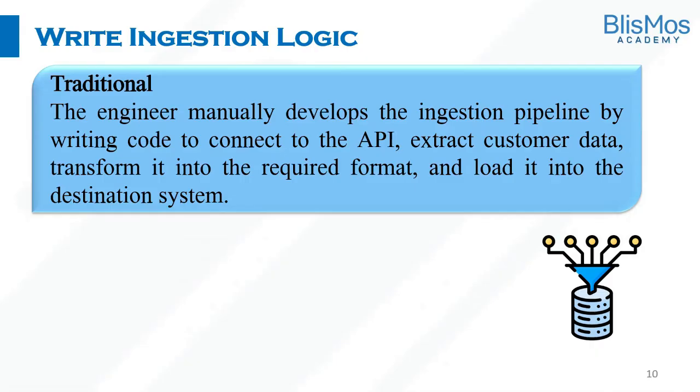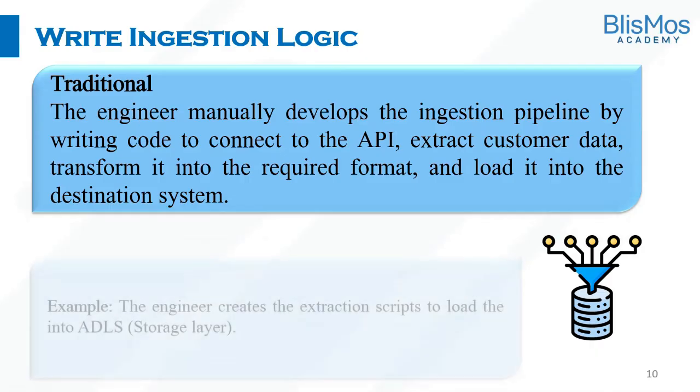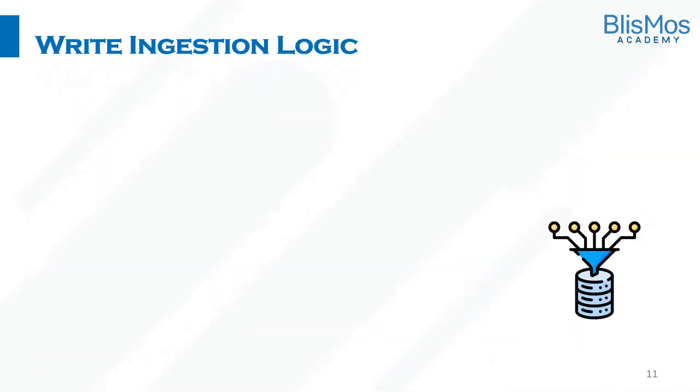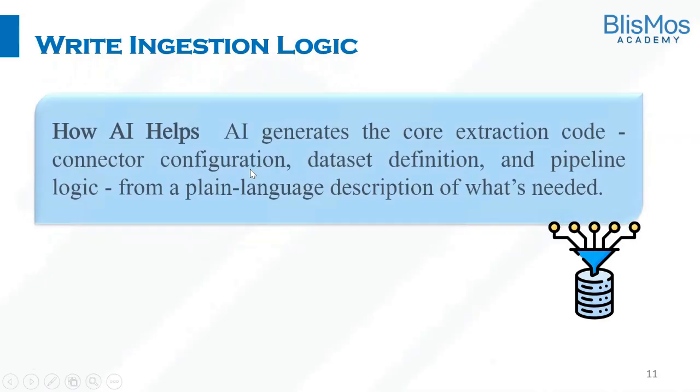And if it is required to transform, you can transform and load it to the destination. While doing data ingestion, the transformation may be very minimal, or most of the time there may be no transformation. So traditionally, the engineer has to write the ingestion logic. So how do you leverage AI to write the ingestion logic?